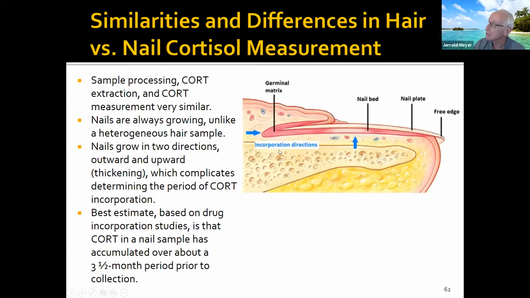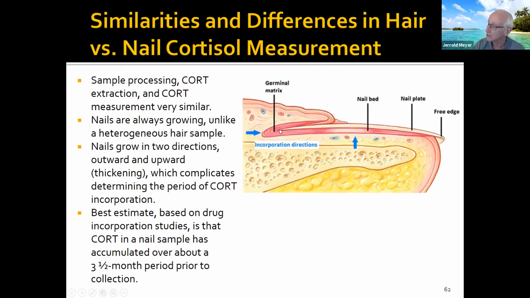This just shows the growth of a nail. So the part that we're mostly aware of and that we actually clip over here is called the nail plate. This is this brittle material that has a lot of keratin, which gives it the brittleness. Then we have the nail bed, which is tissue just underneath the nail plate.